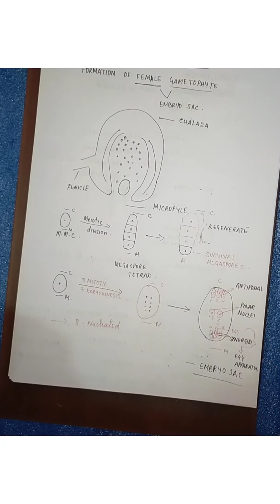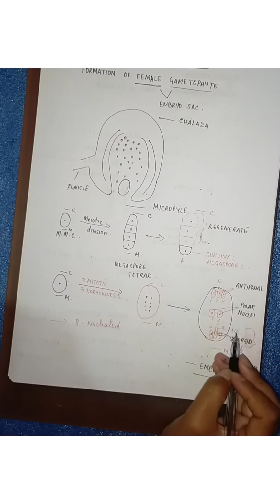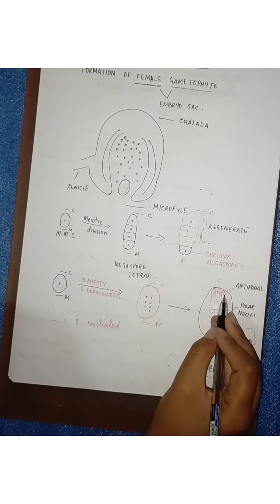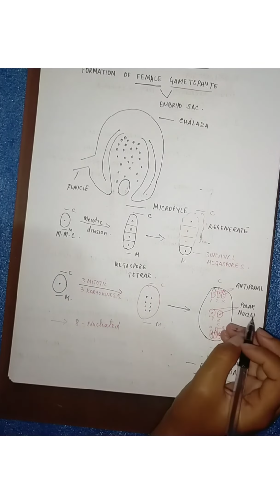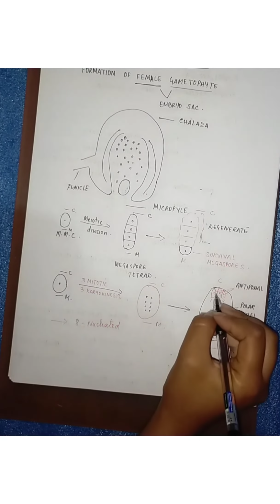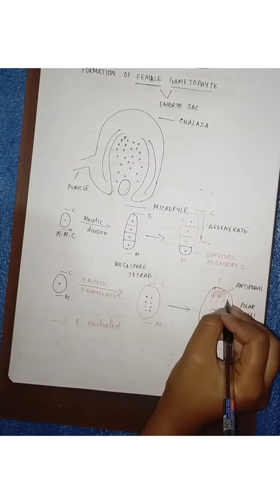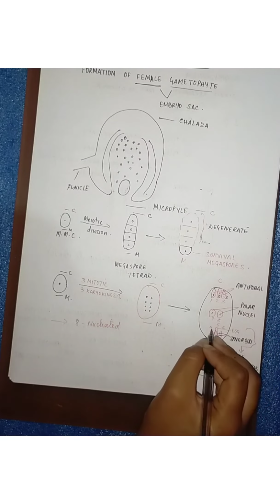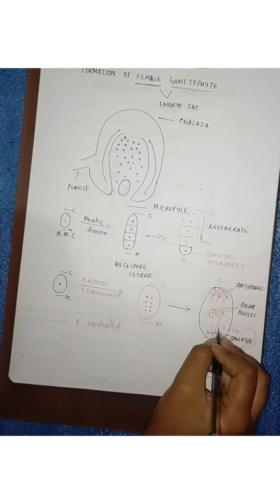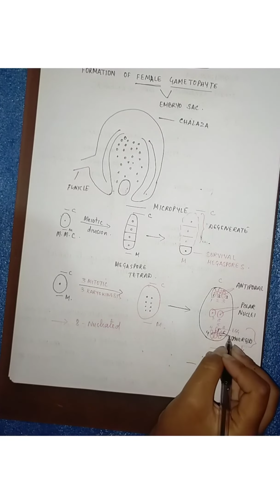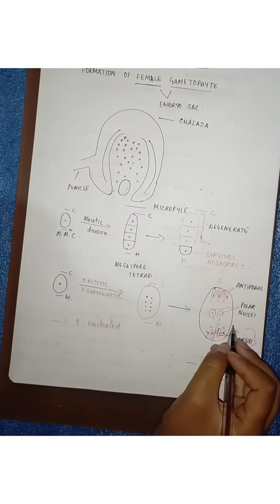It is made up of 8 nuclei. And how many cells? This is 1 cell, 2, 3, 4, 5, 6, and then the whole central cell makes 7.